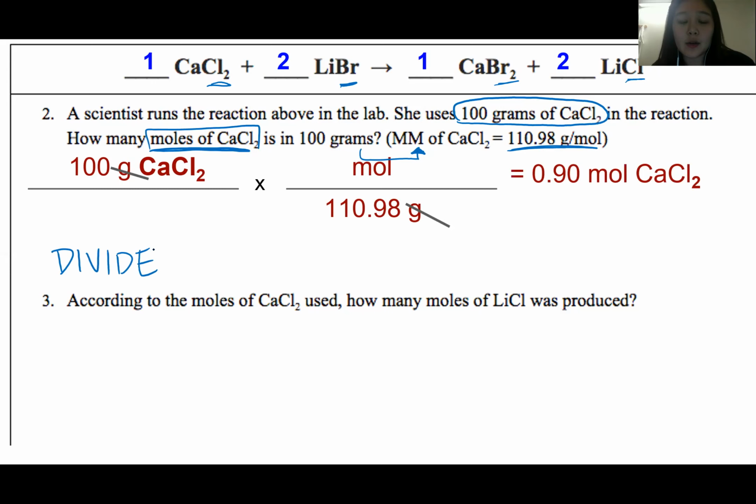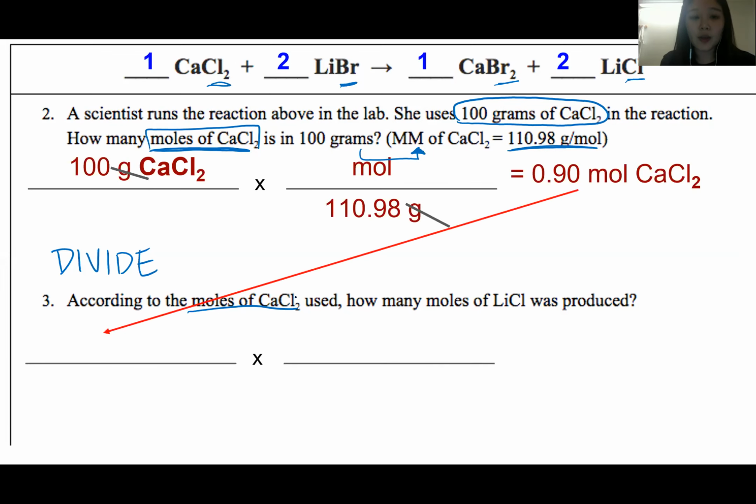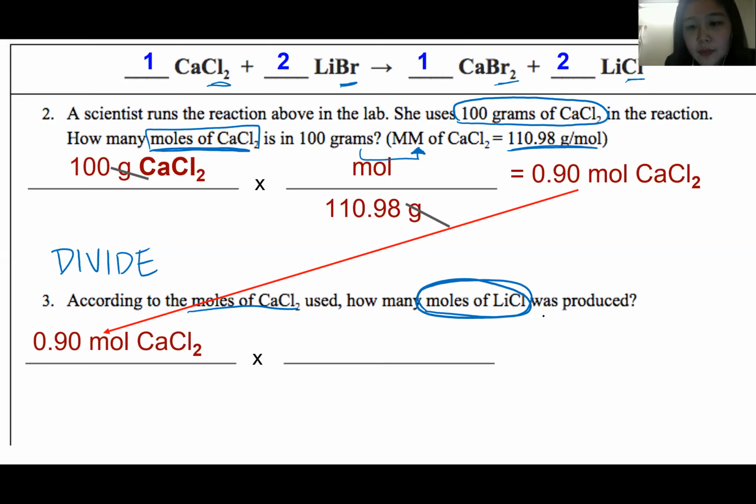Number 3, it says, according to the moles of calcium chloride used, how many moles of LiCl was produced? So we're going to use what we got in the previous question, 0.9 moles of calcium chloride, and we're trying to solve for moles of LiCl. So we need a mole ratio between LiCl and calcium chloride.